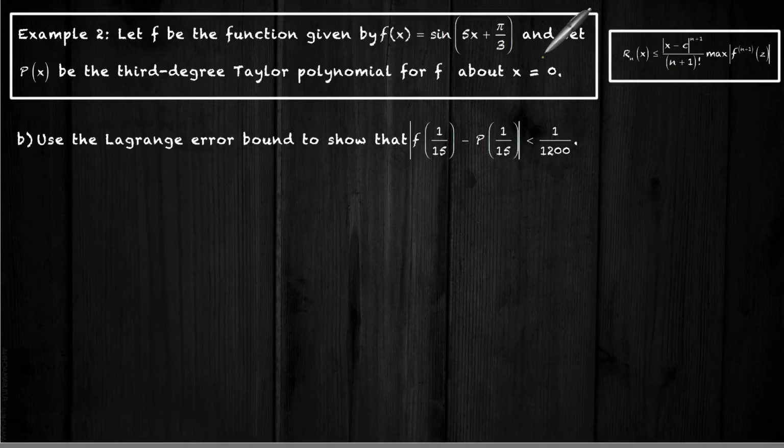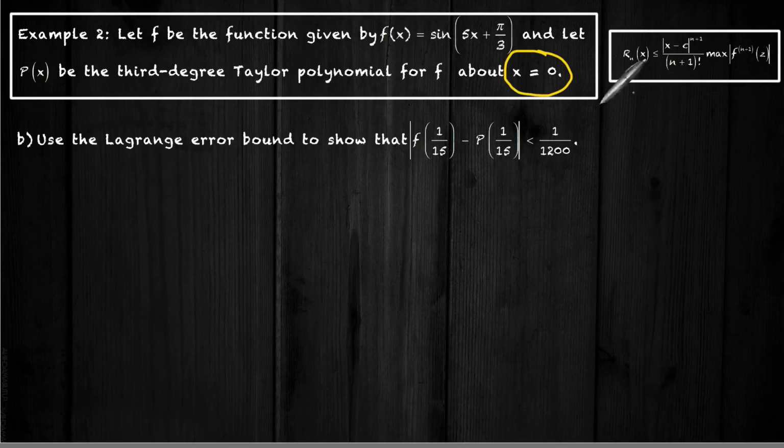So once again, we see that we are trying to center our function at x equals 0, which means, by way of review, that our main goal is that our polynomial follows very closely this original function at points at 0 and very close to 0. So what we're trying to figure out is when we get slightly away from 0, 1 over 15, we want to see how close our approximation is to the real value, and we want to show that it will be less than 1 over 1200.